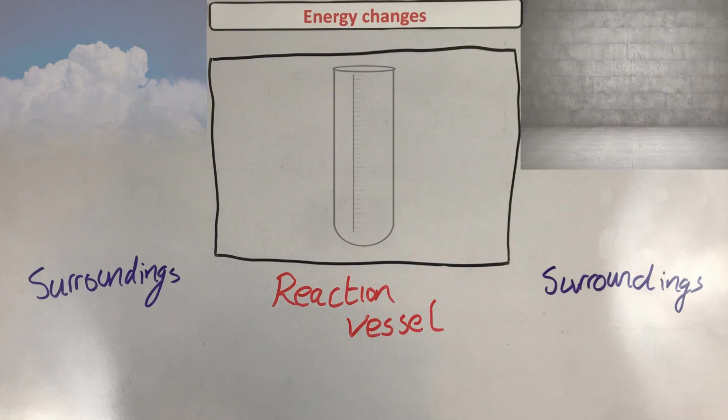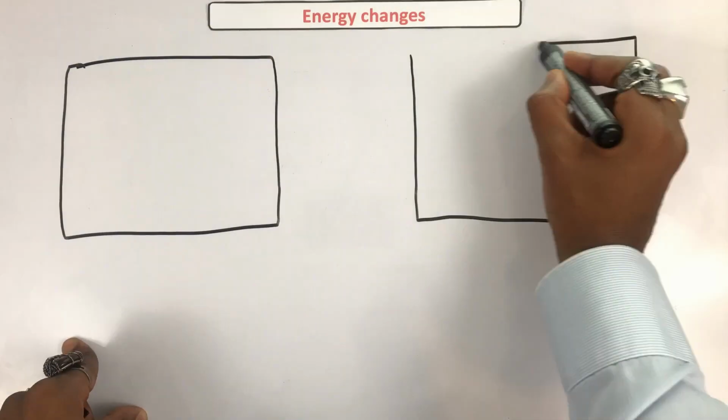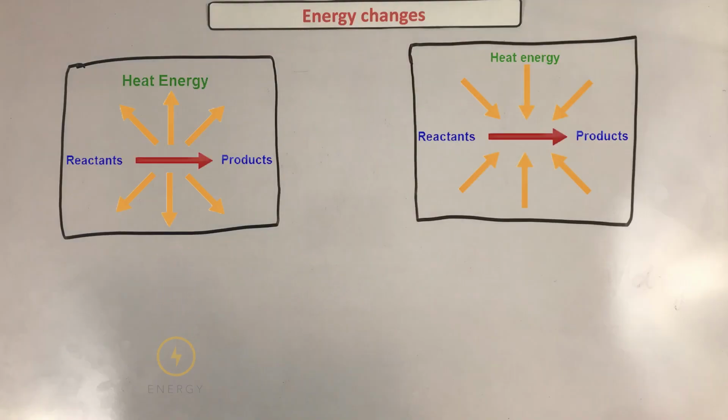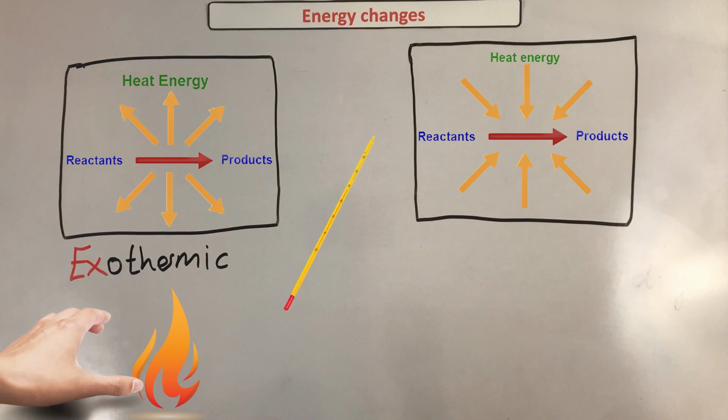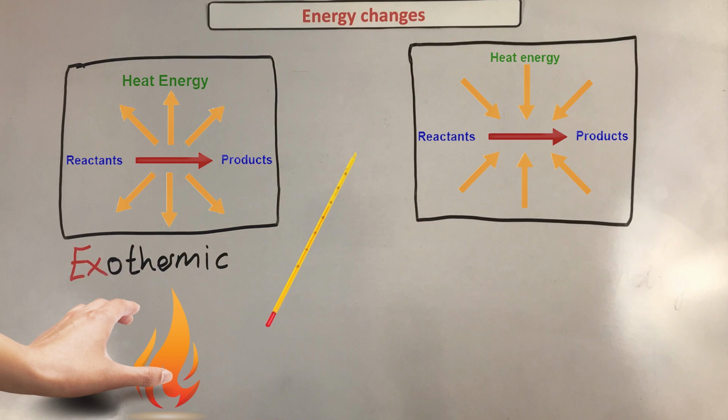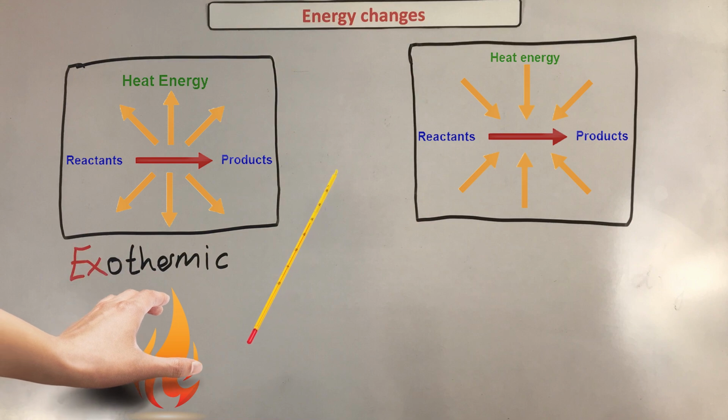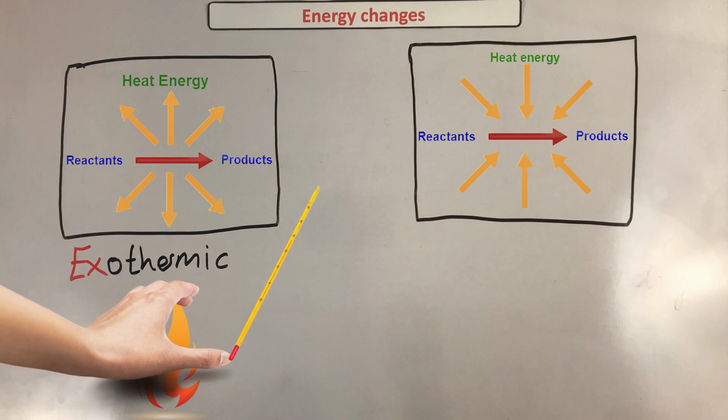We classify reactions based on whether they release energy into the surroundings or if they take energy from the surroundings. Reactions that release energy into the surroundings are called exothermic because heat energy is exiting into the surroundings. And remember that the surroundings includes your hand and the thermometer. So this heat energy is being absorbed into the thermometer and into your hand to make the reaction feel hotter.